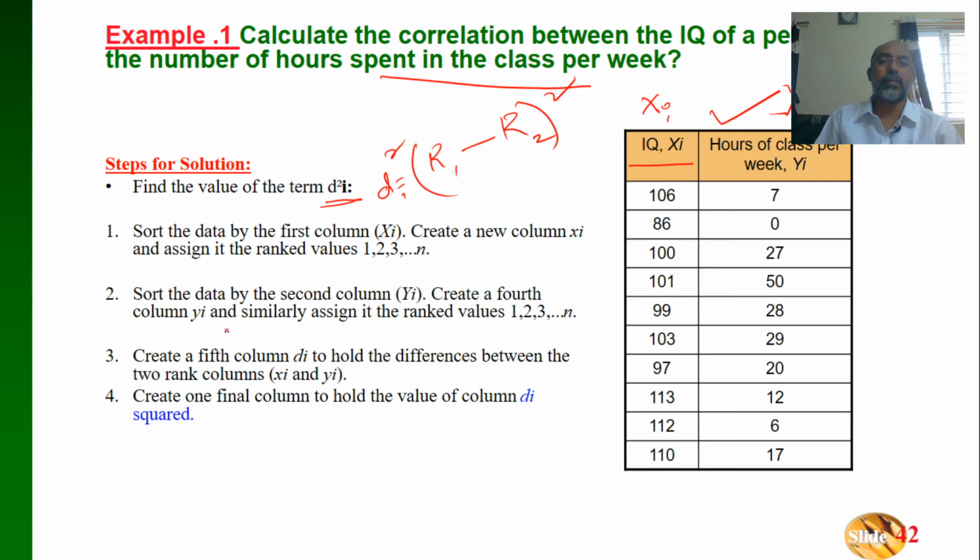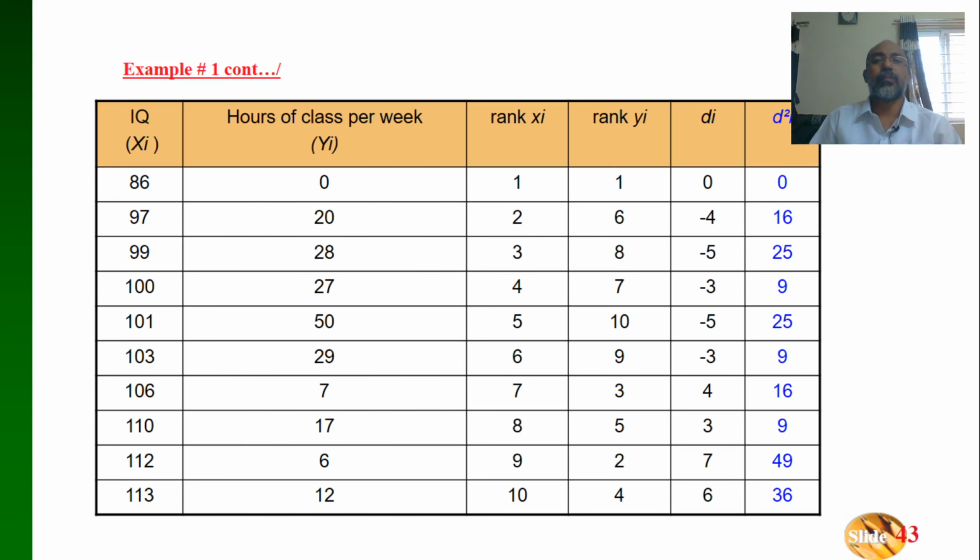Then take the second column, and create the other columns we require according to the data. So we do it with a calculation table. Here the data has been made ascending so that the ranks are given.